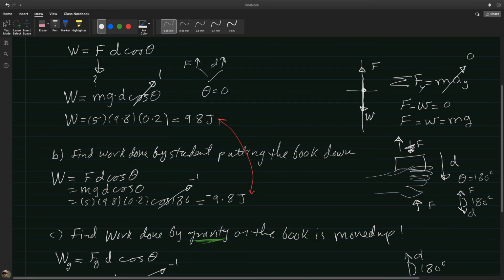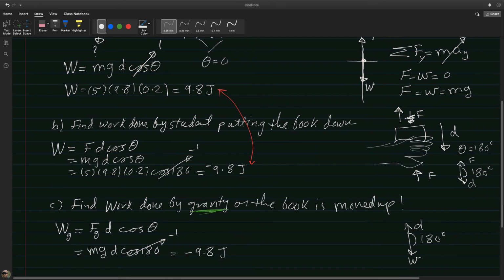But on the way up, the student did the same amount of work, but it's positive. The conclusion here is that when the student is lifting the book up, he is doing this work, 9.8 joules, and it seems that gravity is taking it from the student.